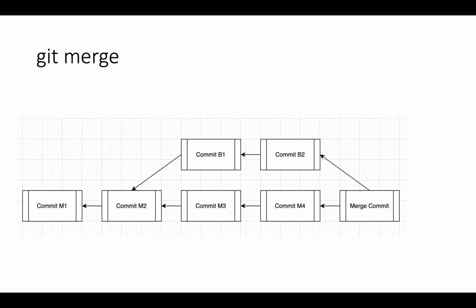A merge commit is a special commit which has two parent references. One points to the current branch parent, and the other points to the last commit of the branch whose changes were pulled. So here it is M4 and B2. So the merge commit has two parent references.